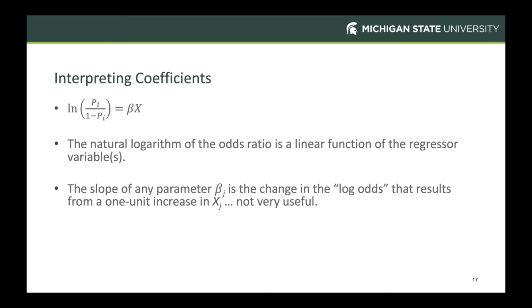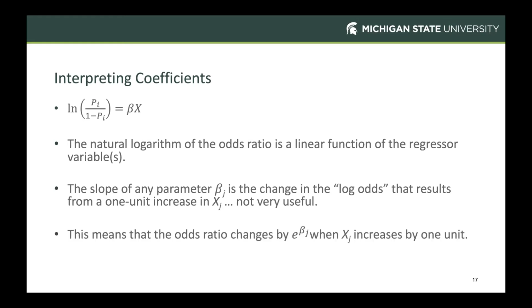So if we say the odds double, that makes a lot more sense to us than saying that the log of the odds double. And so to that end, if we want to express these outcomes as a function of the impact on the odds, we're just going to exponentiate both sides of this equation. And so in doing that, when we're estimating these regression models, we can take the model parameter and just exponentiate it.